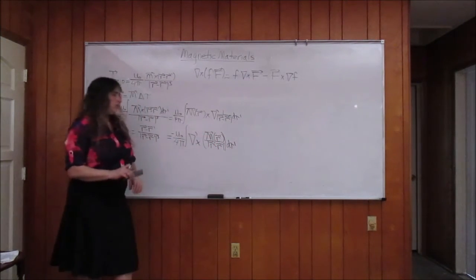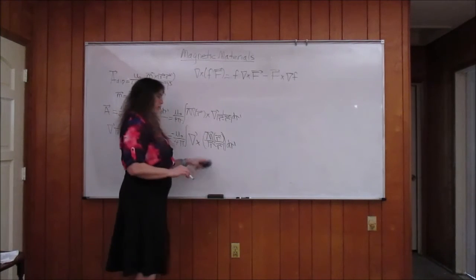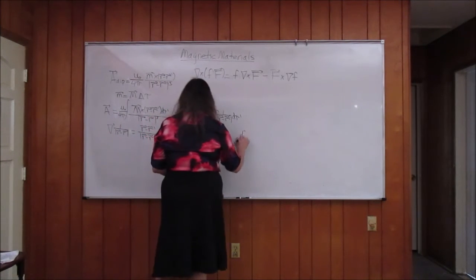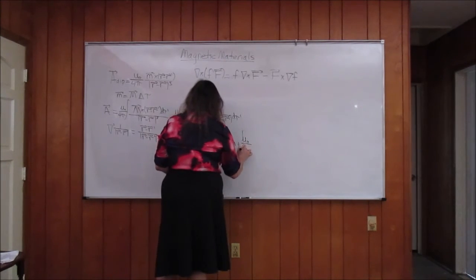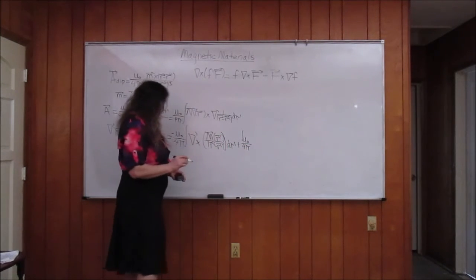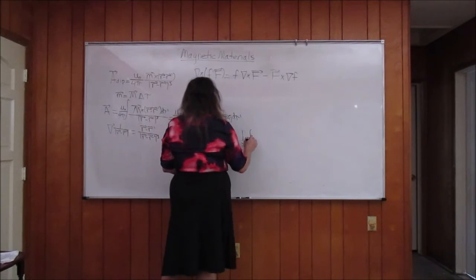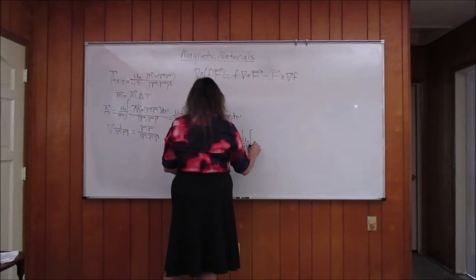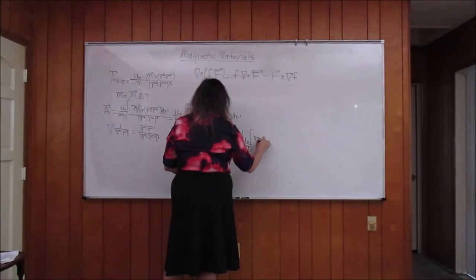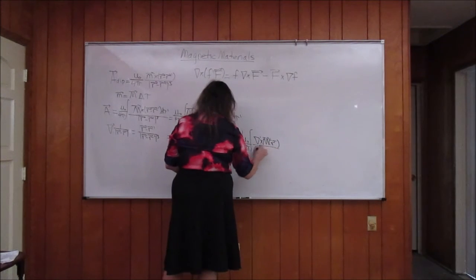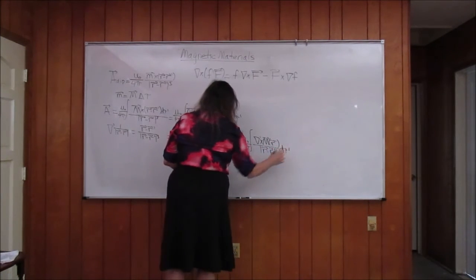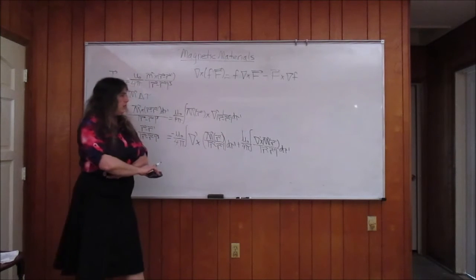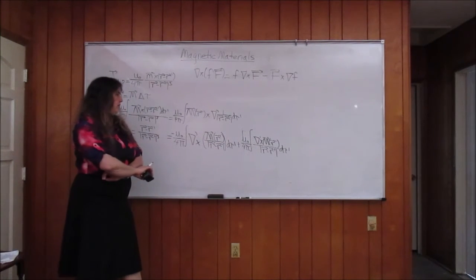The magnetization vector over the magnitude of the separation vector plus mu naught over 4 pi volume integral of the curl of the magnetization vector over magnitude of the separation vector.